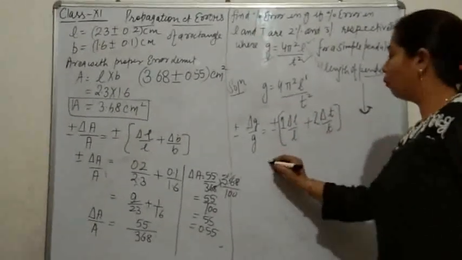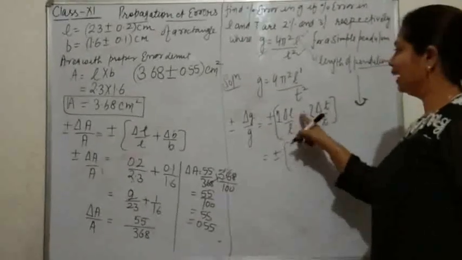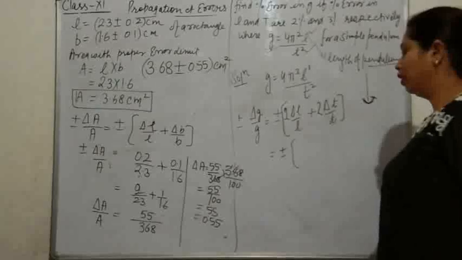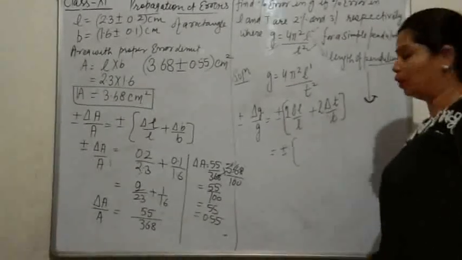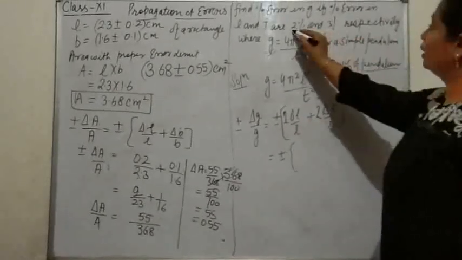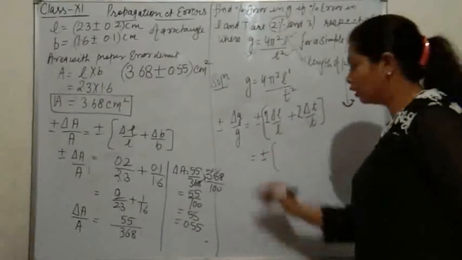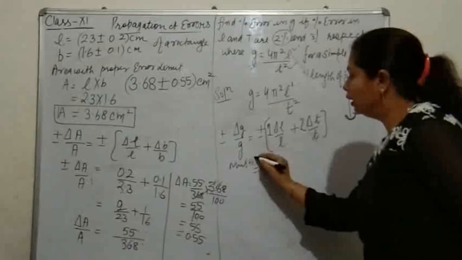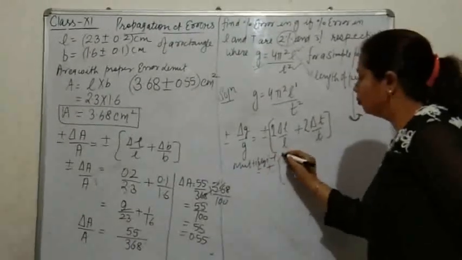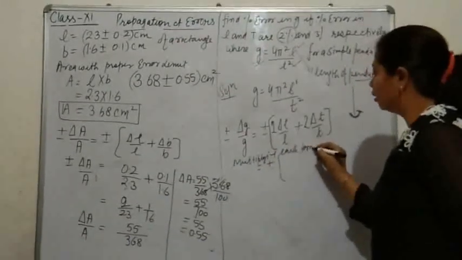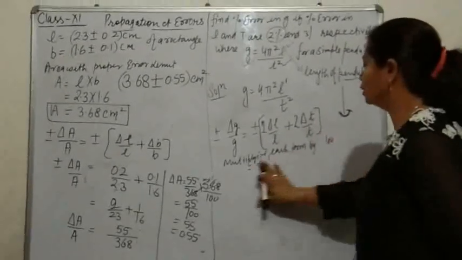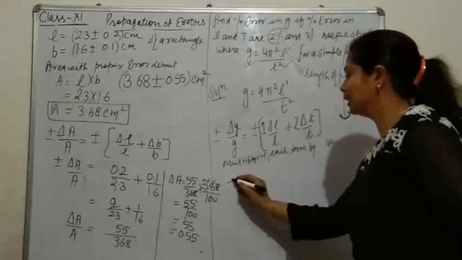Now plus minus, what is delta L here? Delta L is error in length. What is L here? That is value. But the given values are in terms of percentage. So coming to the percentage section, multiplying each term by 100 so as to convert the given expression in percentage form.